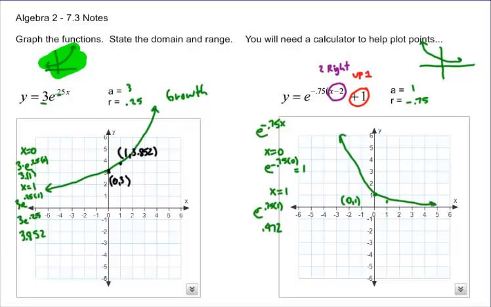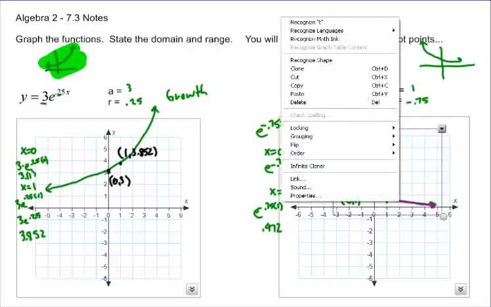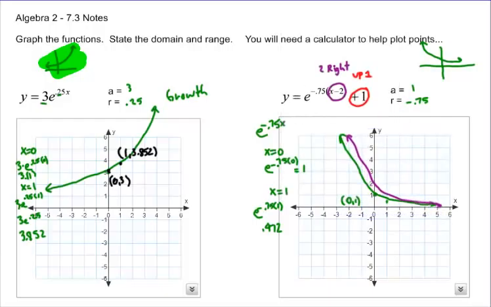Okay. So if this is my graph, then I'm just going to trace it real quick. So here's my graph. And now what I want to do with this guy is move it 2 units to the right and 1 unit up. So I'm going to grab that purple guy and move him 2 units to the right, 1, 2, and 1 unit up.